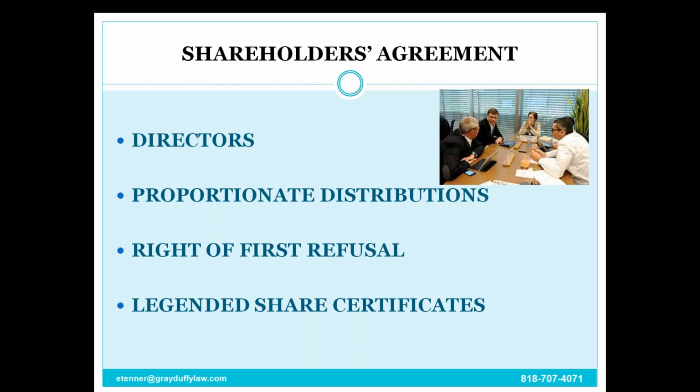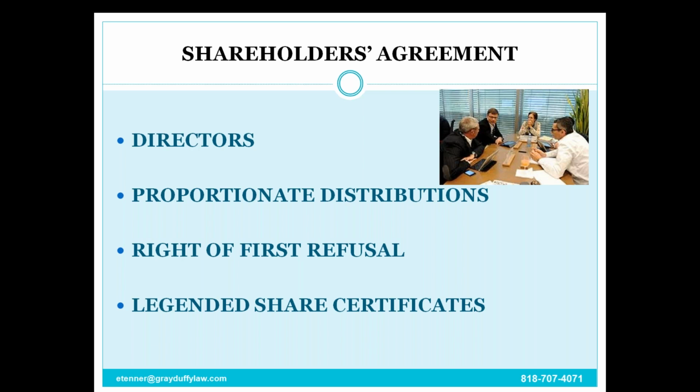Also, in a shareholders agreement, you're going to provide for a legend to be placed on the share certificates. That is a statement that says that transfer of the shares is subject to the shareholders agreement. If you don't do that, it can have really significant consequences. An owner can transfer an interest, notwithstanding the fact that somebody else has an option to buy them or a right of first refusal, and the buyer will take that interest without being subject to those options or rights of first refusal.